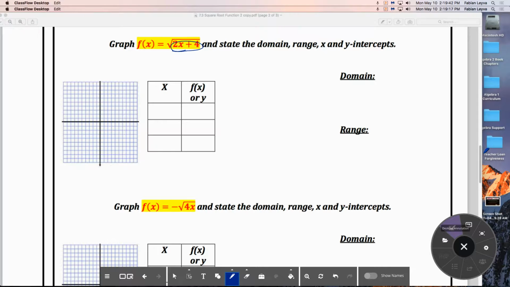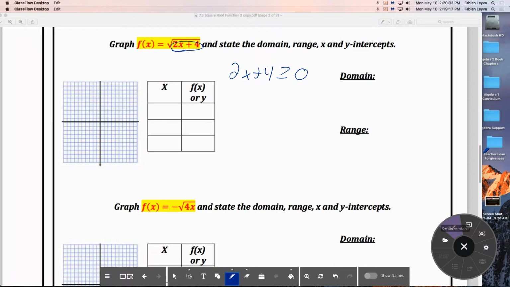So what values make this greater than or equal to 0? What makes it positive? Well, let's set everything underneath the radical, aka the radicand, greater than or equal to 0, to solve for what x values we could plug in. That should be your first step in being able to find the domain, because that's really the only thing that holds you back in terms of plugging in values.